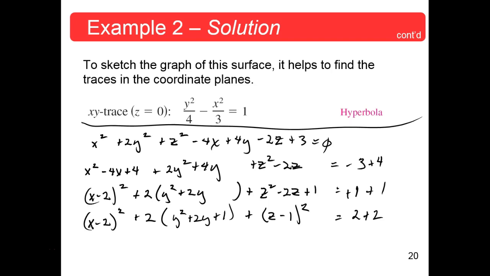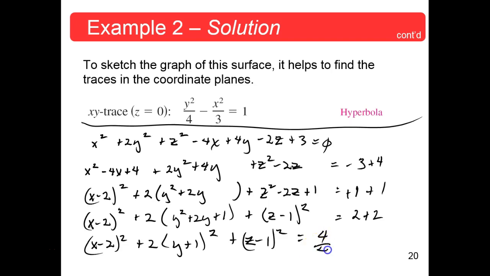It's always going to be there. This one, half of this is plus 1. So this one's going to be x minus 2 squared plus 2 times y plus 1 squared plus z minus 1 squared is equal to 4. Right? I hope I did it right.